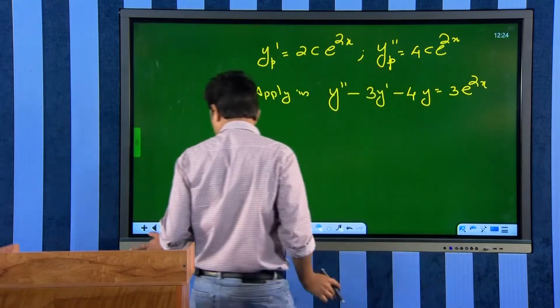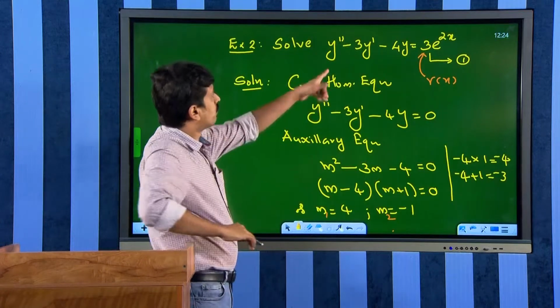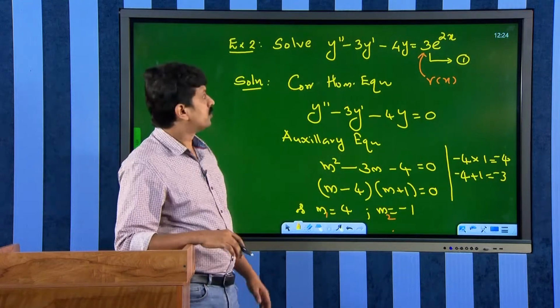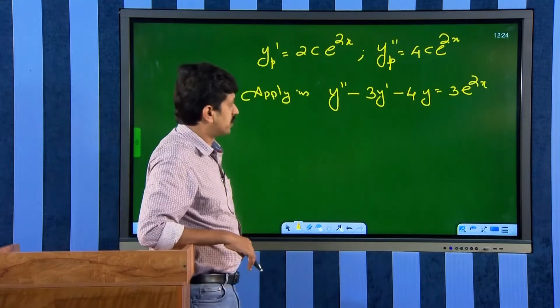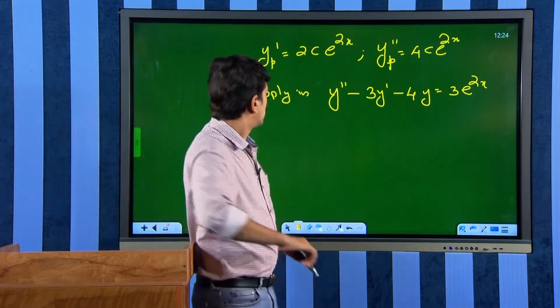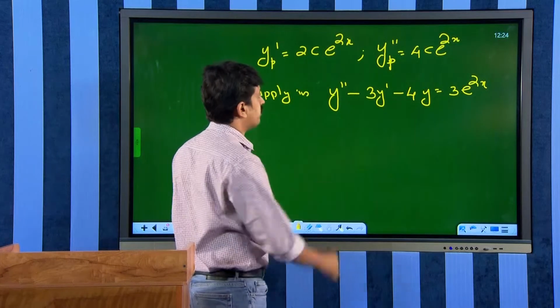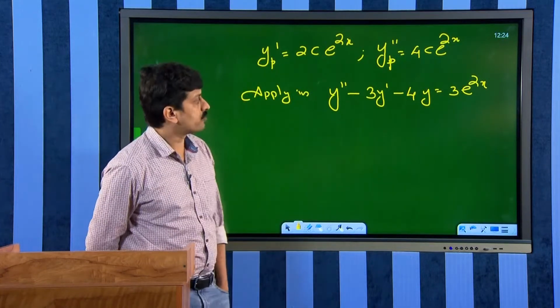See, that is our equation: y double dash minus 3y dash minus 4y is equal to 3 e raised to 2x.